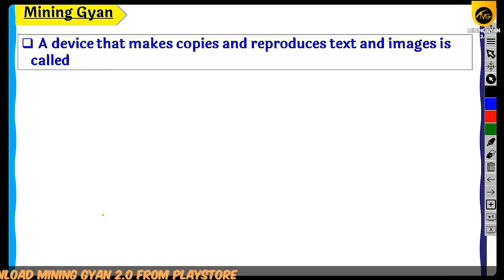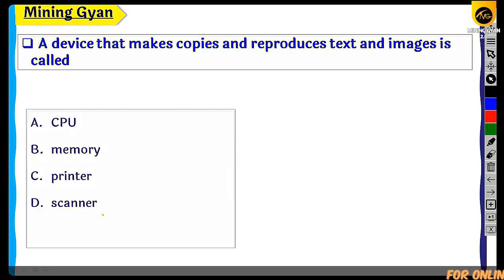Okay, next question: a device that makes copies and reproduces text and images is called a CPU, memory, printer, or scanner. It is called option D, scanner.